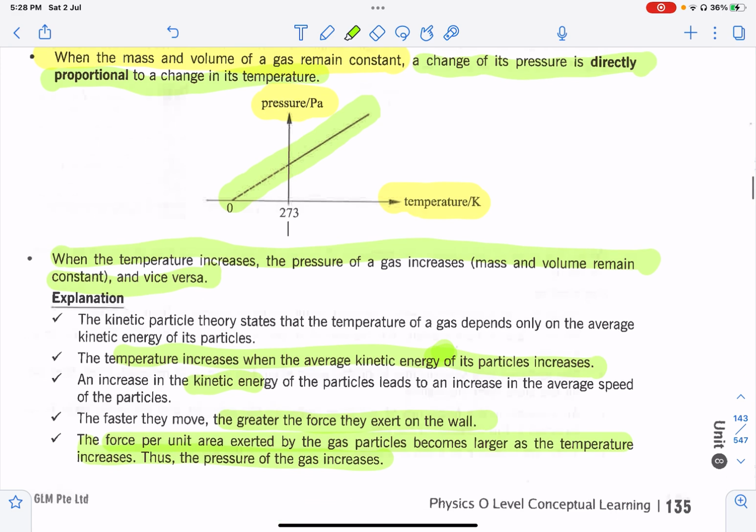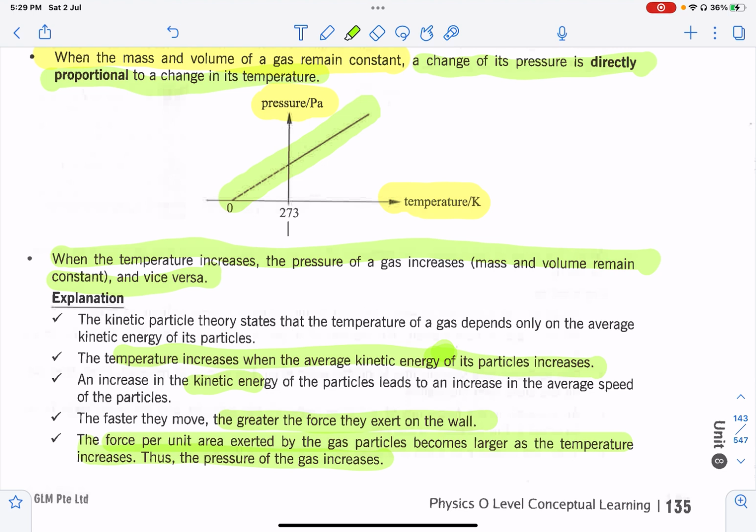The reason for this is that as the temperature increases, the average kinetic energy of the particles also increases. This will lead the particles to move faster, and in other words, hit the walls of the container more frequently. With more frequent collisions with the walls of the container, we will see a greater buildup of force, leading to a greater buildup of pressure.